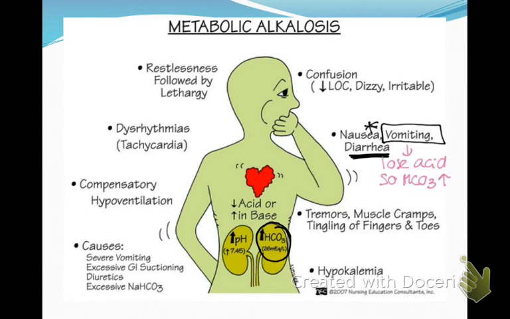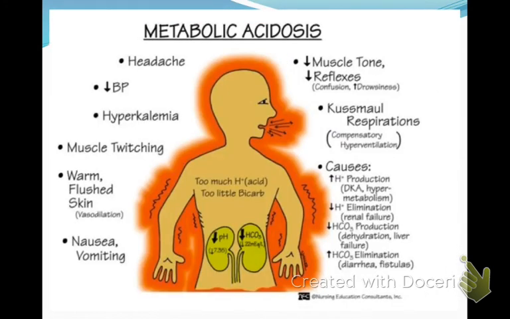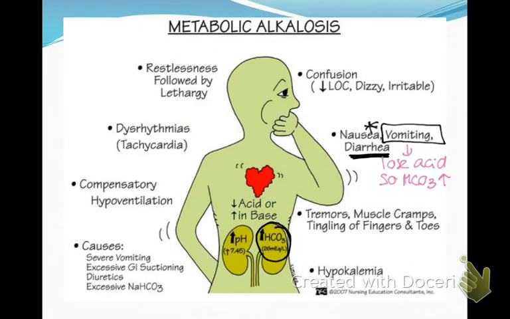They lose acid, so the bicarb goes up. And metabolic acidosis, again, typically caused by, it's nausea, vomiting, diarrhea. I'm sorry, not nausea, vomiting, diarrhea. I'm going to go back one.